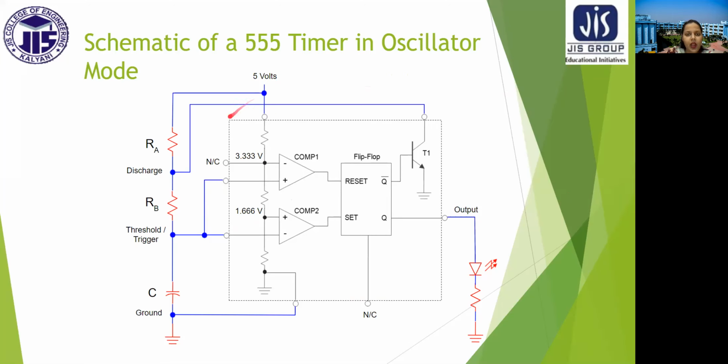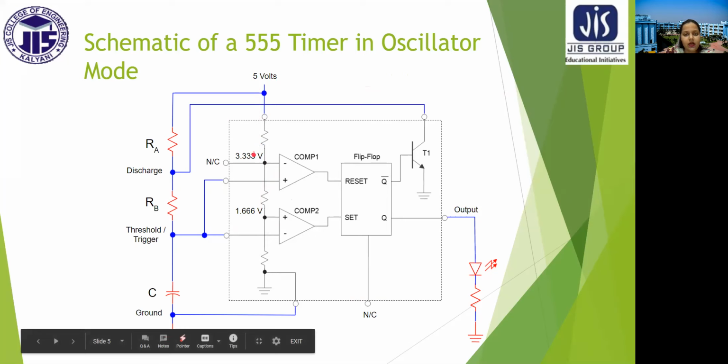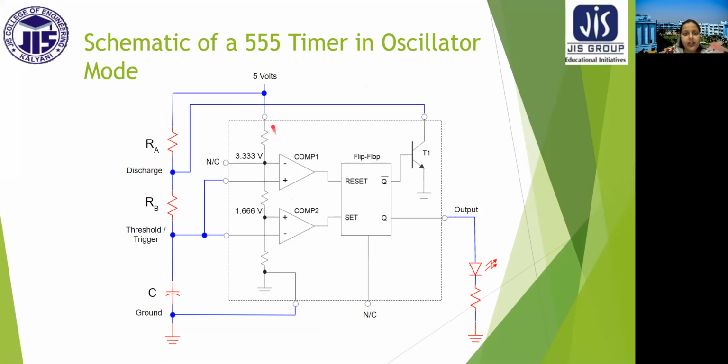So when the circuit gets on, this voltage will get divided across these resistors. 1/3 VCC will be stored here, and the 2/3 VCC will be stored here.